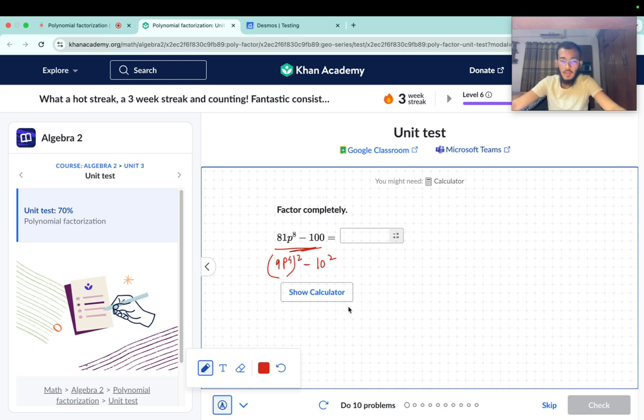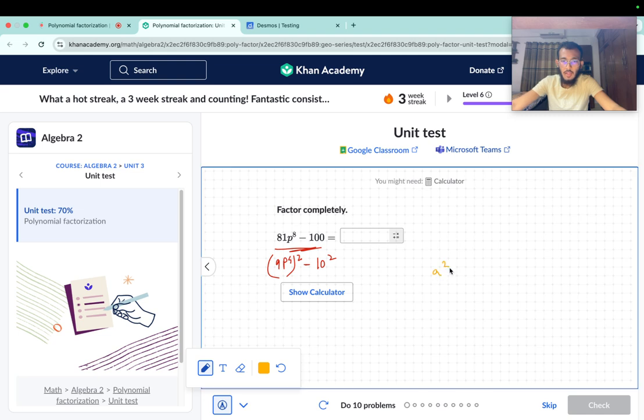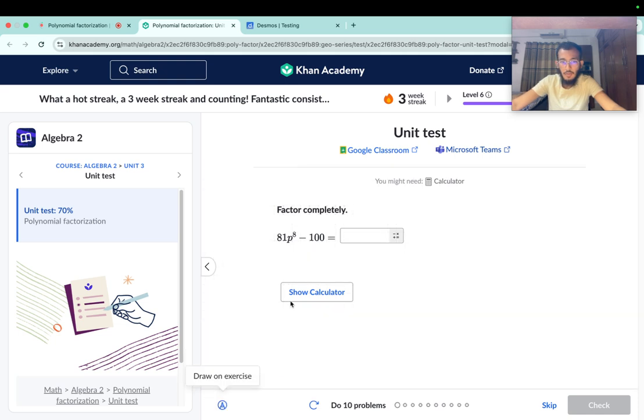This thing is written like this. Then we can use the formula a squared minus b squared equals a plus b multiplied by a minus b. So here a is 9p to the power 4. So 9p to the power 4 plus 10 times 9p to the power 4 minus 10. This would be our answer.